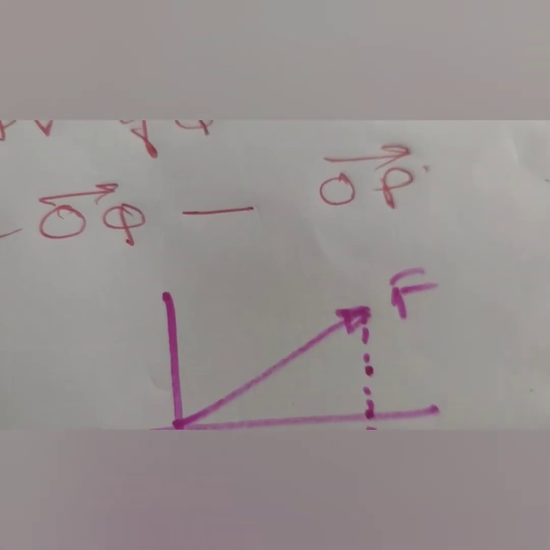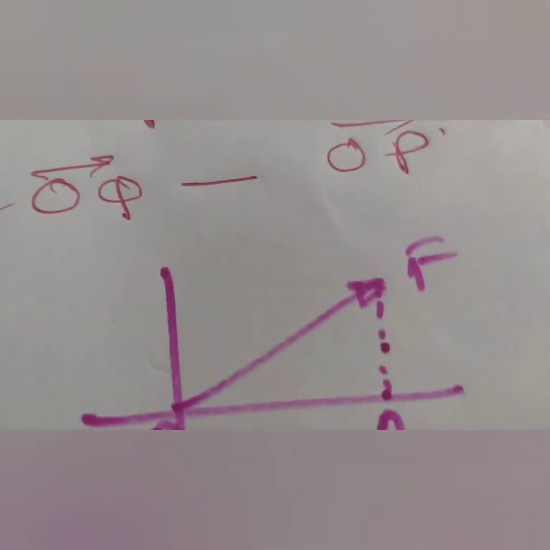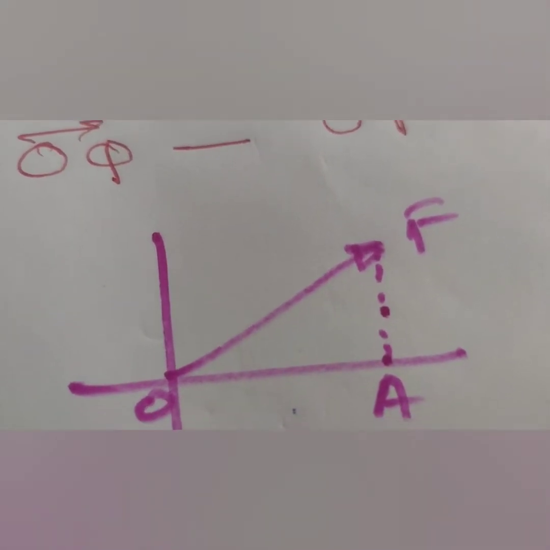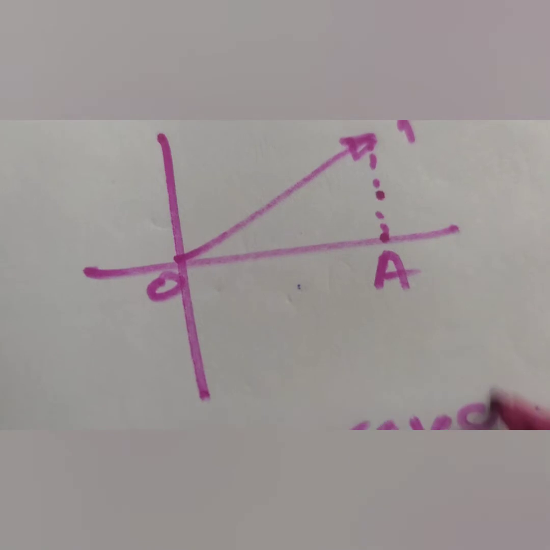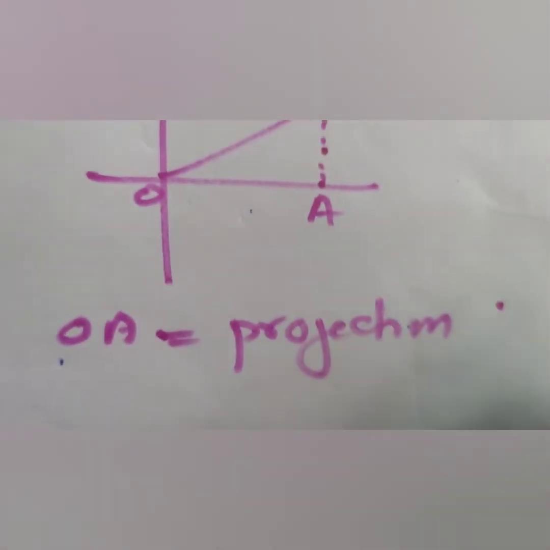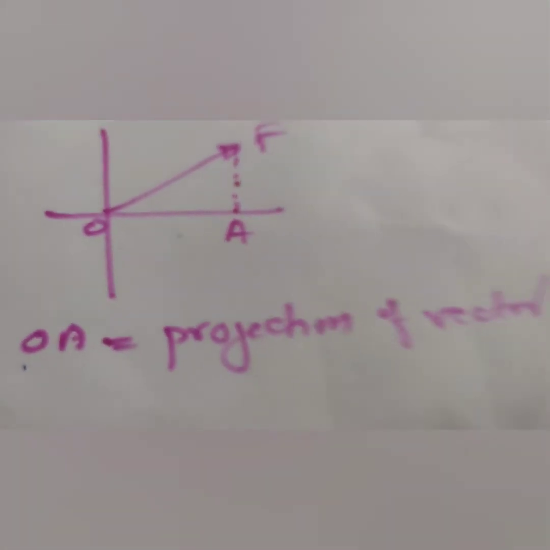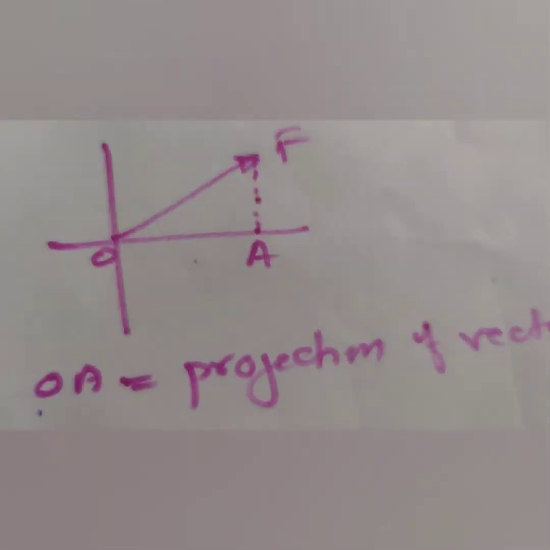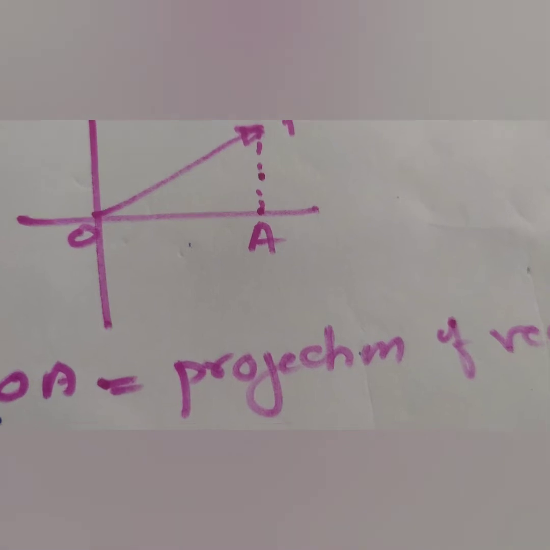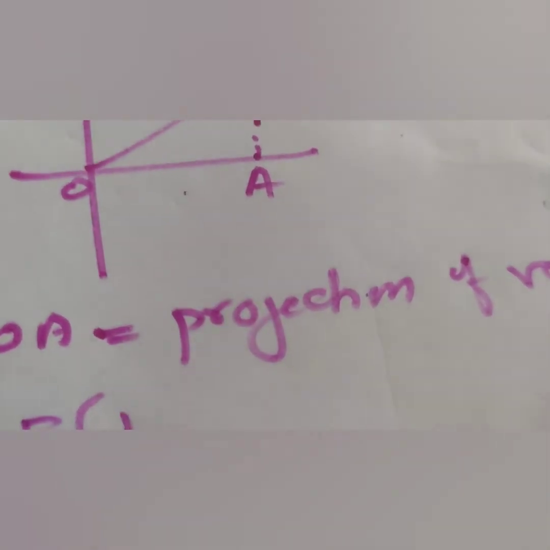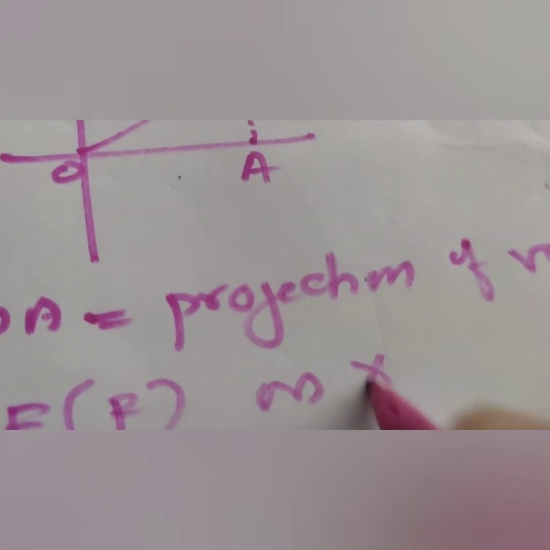OA is called the projection of vector OF on the x-axis.